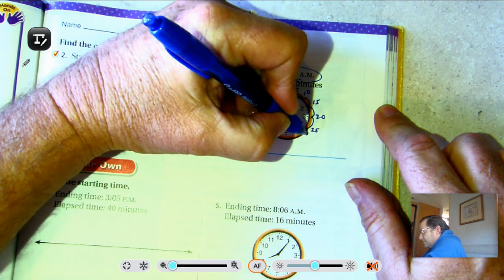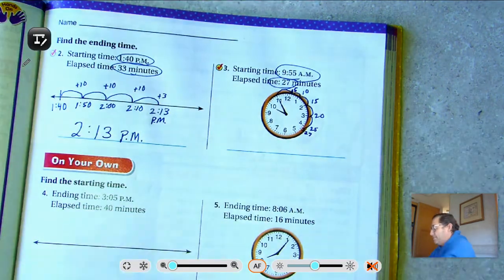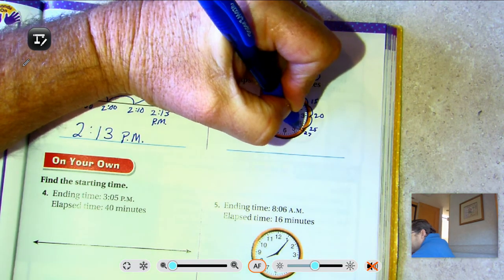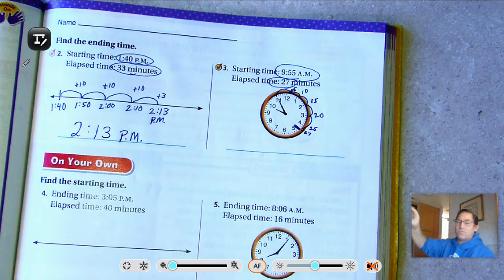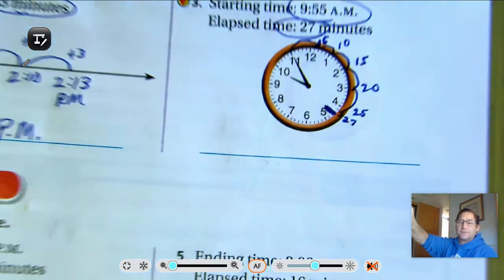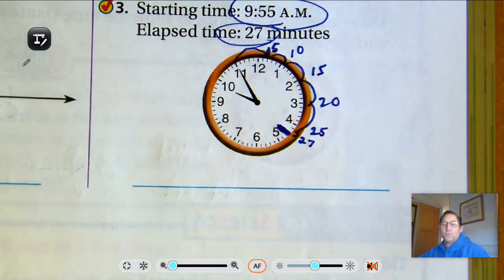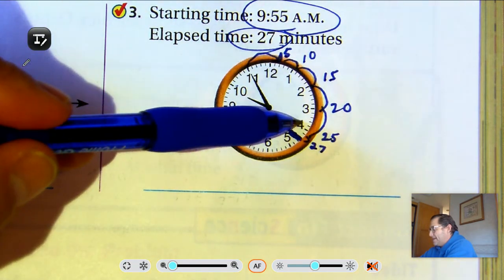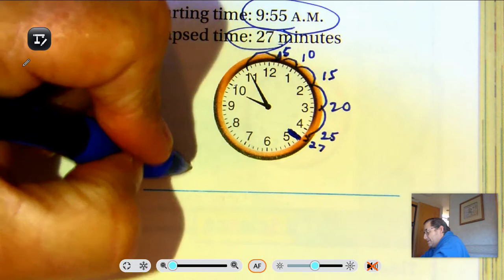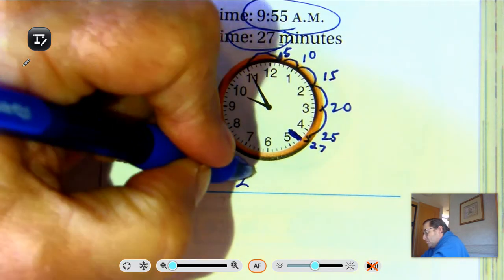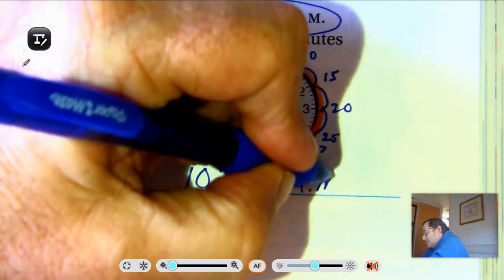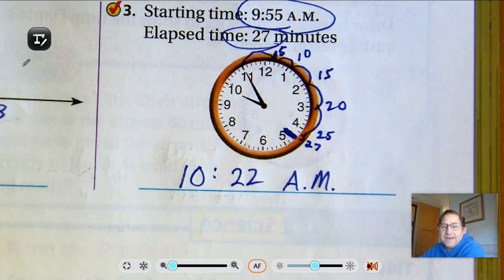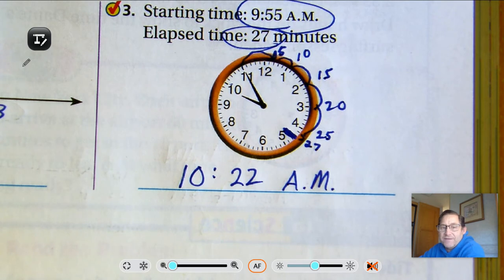So we are at that second mark. So we are at 10:22 a.m. if we start at 9:55 and end after 27 minutes.